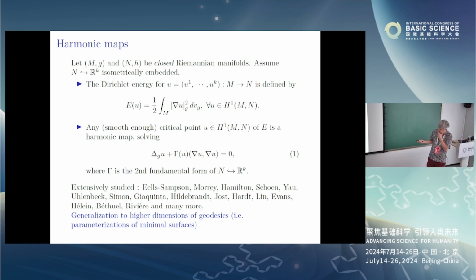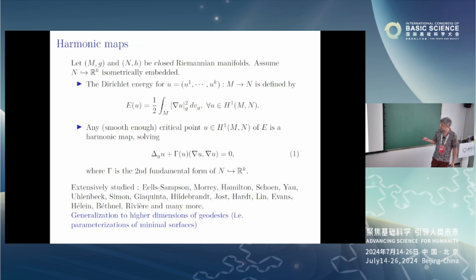So the study started with a famous paper by Eells and Sampson, that I will mention a little bit later, which was considering a heat flow to solve this type of equation. So let me come back to that.